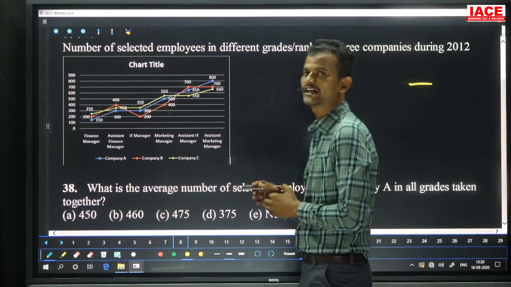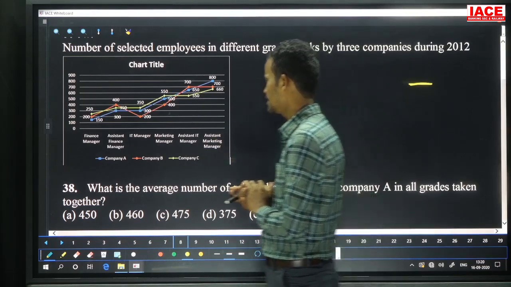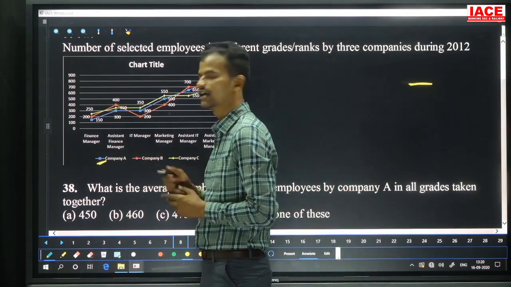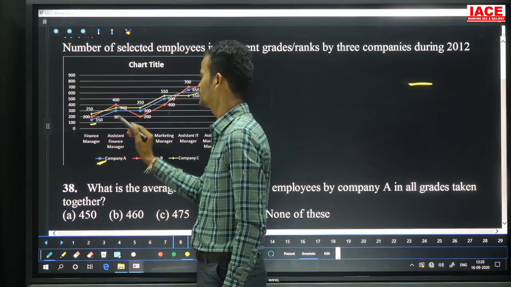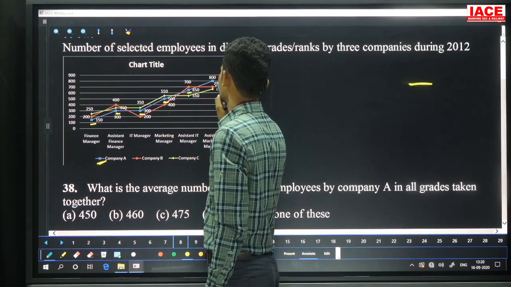So you have to find out average of company A in all the grades. Company A is representing with blue line. Here what is the value? 150. Here 300, 300, 500, 650 and this is 800.